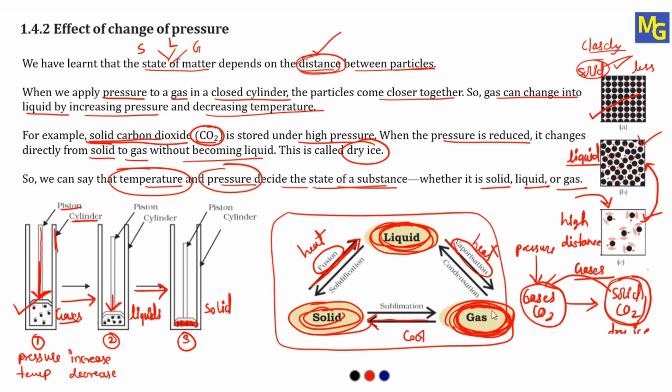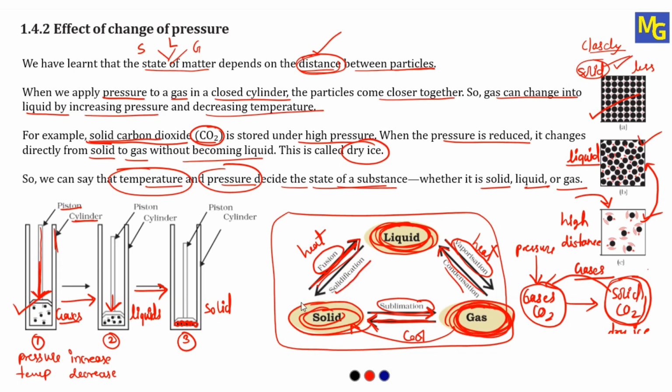If the gas directly converts into solid, the process is called sublimation. You can see this arrow; the same thing we can reverse. If solid directly converts into gases, it is also called sublimation. Gases are already hot. If you cool them, they will condense, and the process is called condensation. Whenever gases are cooled, they become liquid. And if the liquid is cooled again, it becomes solid, and the process is called solidification.